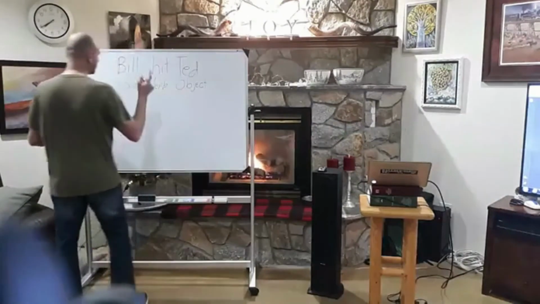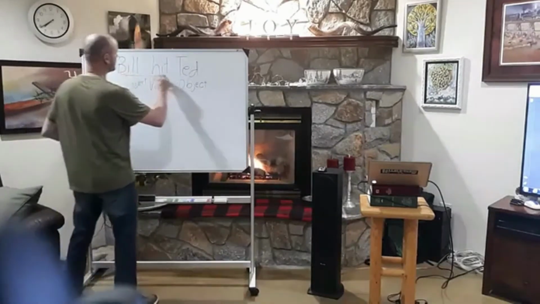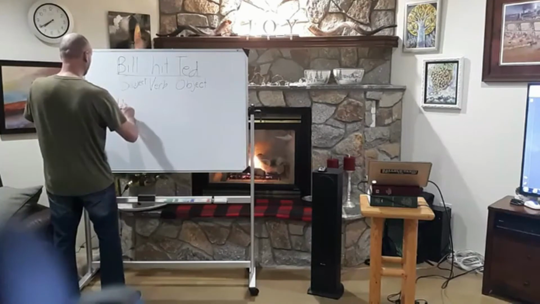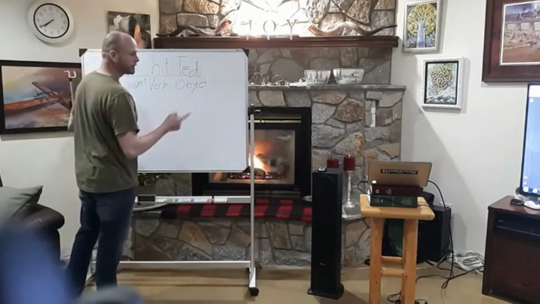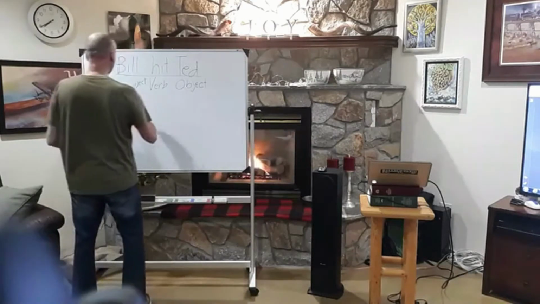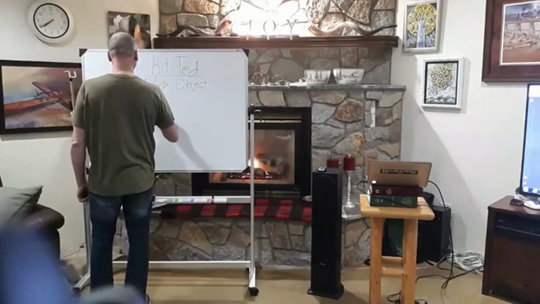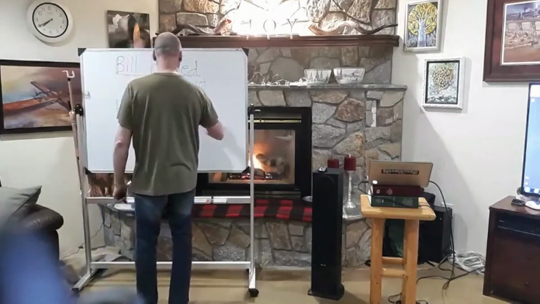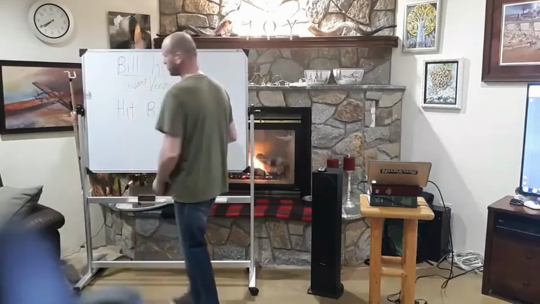And so in Hebrew, this sentence, Bill hit Ted, would be written like this: hit, because the emphasis is usually on that verb, subject, Bill, object, Ted. That's how that would be written in Hebrew sentence order, okay?